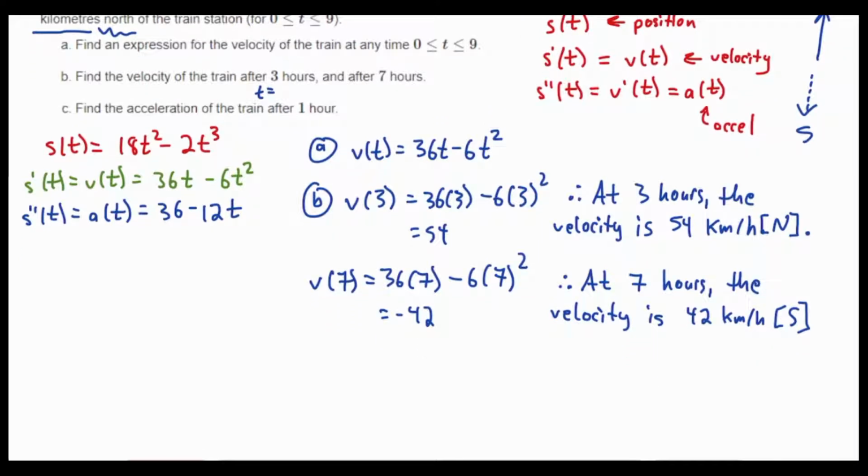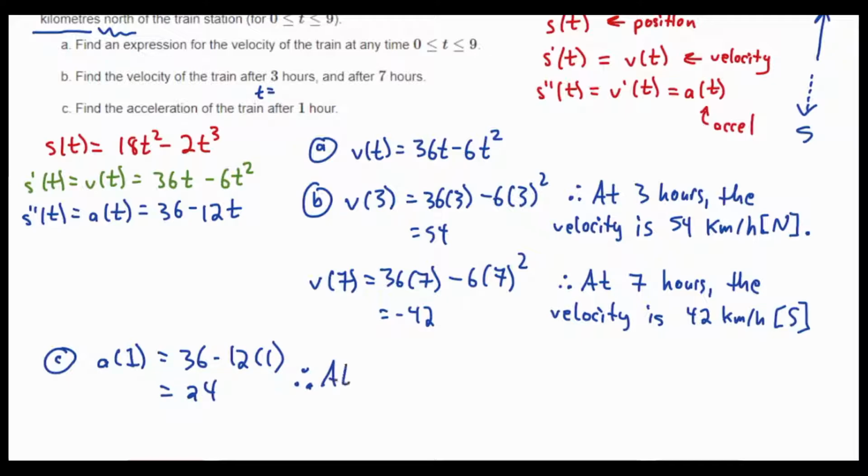And finally, question C, find the acceleration of the train after 1 hour, so at 1 hour. So we're going to evaluate our acceleration function for t is equal to 1, 36 minus 12 times 1, which is 24.